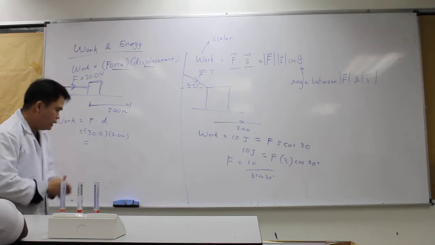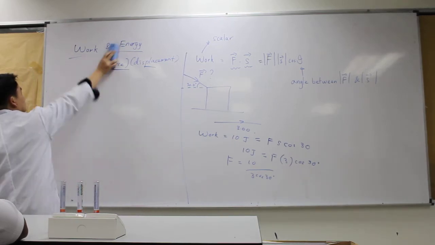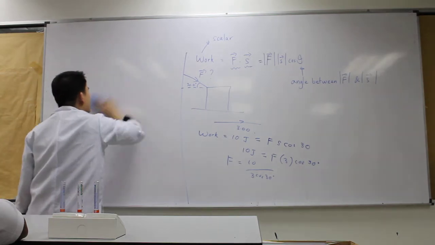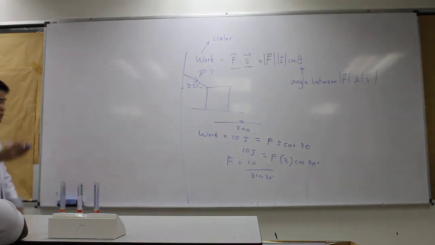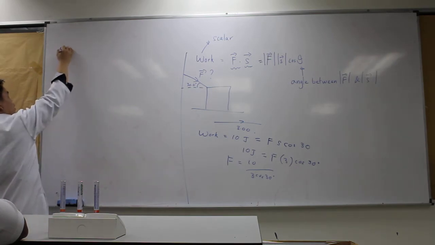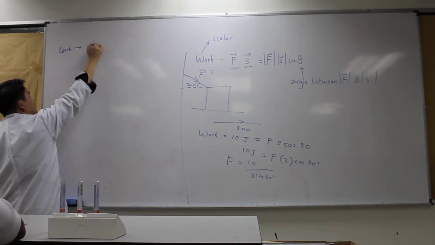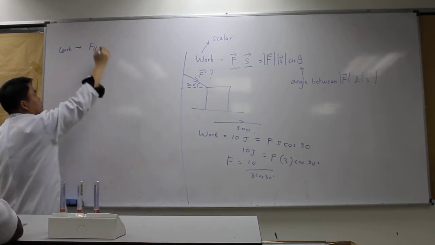Let me move to the next. When we talk about what we did last time, there is a shortcut. Work is the sum of the forces that are parallel to the displacement.